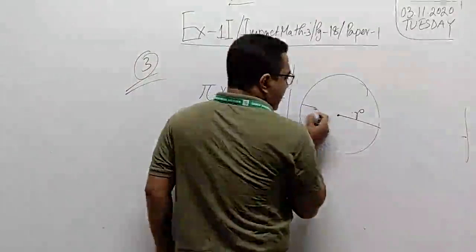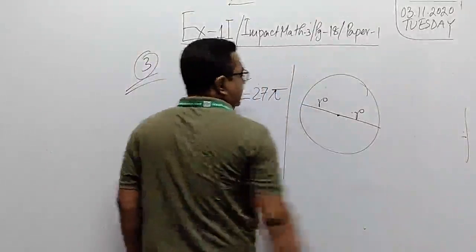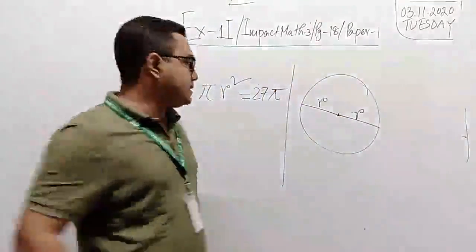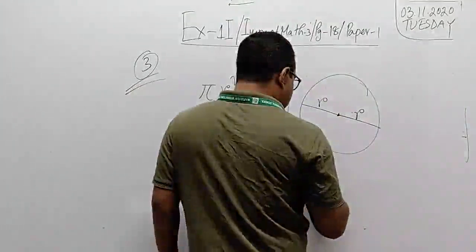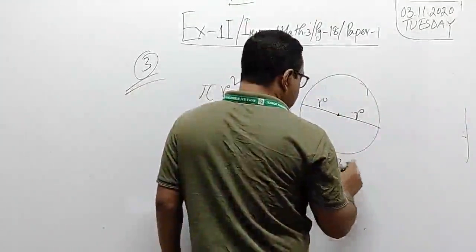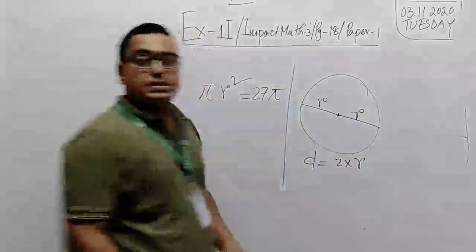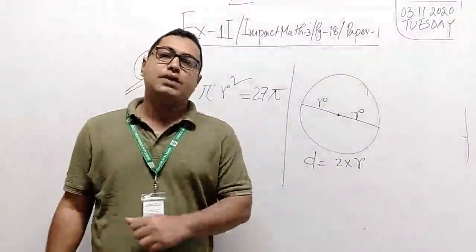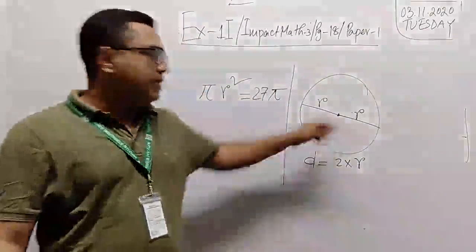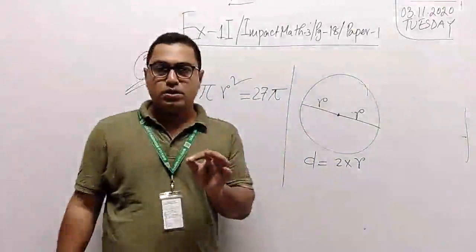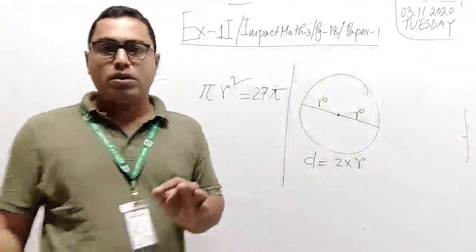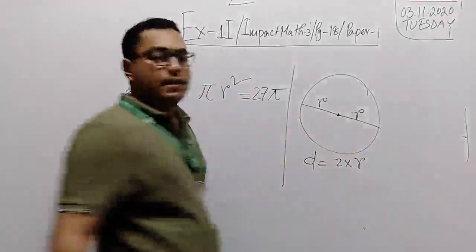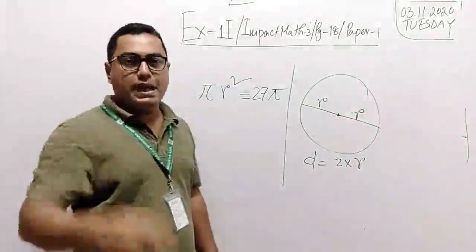So if you make another radius here, the distance, diameter is equal to 2 into radius. Diameter d and 2 times the radius. Diameter is also a chord. So what is a chord? The distance from any point to the opposite point of the circle. The longest chord is the diameter.